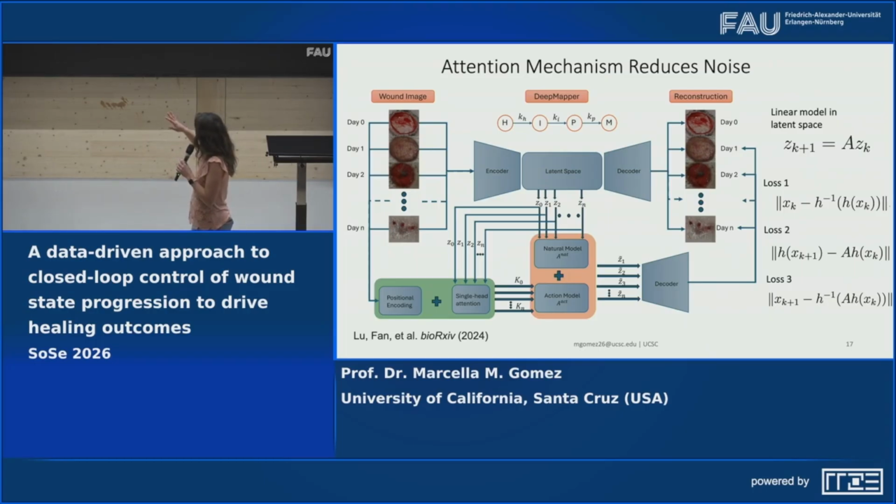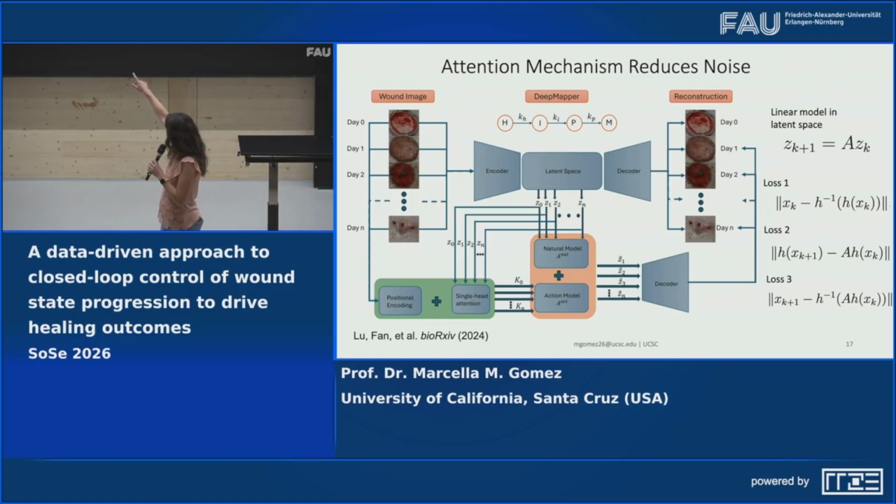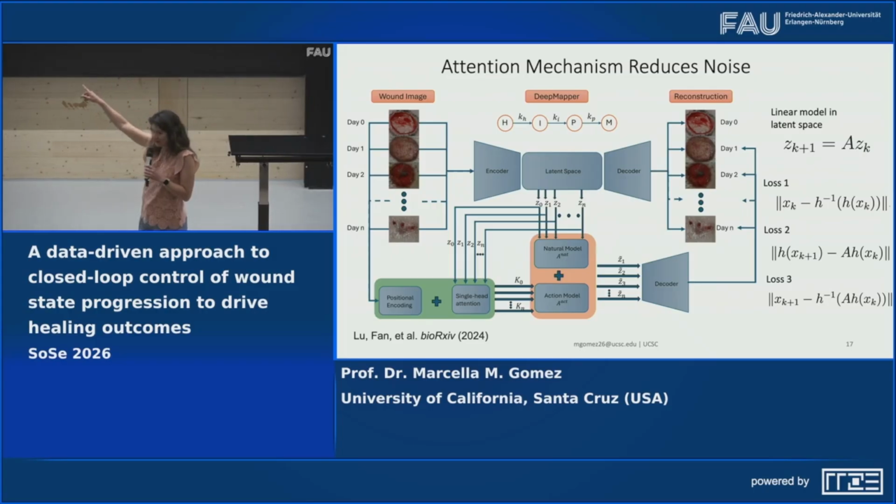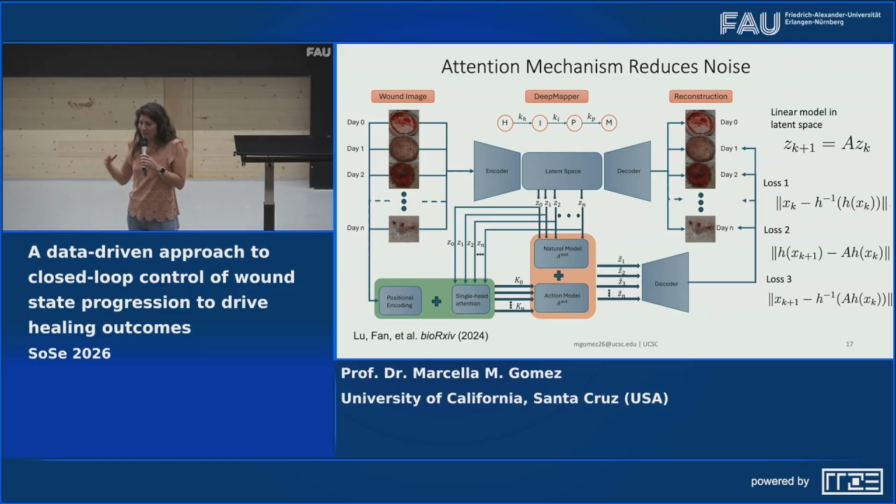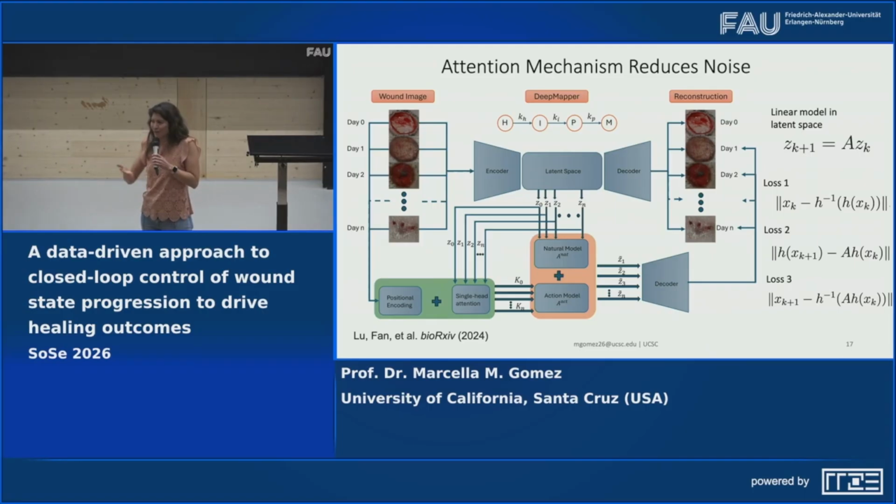But in this case, having the A actual updated by the attention mechanism helped to smooth out the output of our system, because every time we get a data point, we update the parameters through this A actual. So it's almost like a correction factor, because our input is quite noisy. Images are not always perfect, sometimes they're a little blurry. So it helps smooth out a lot of the noise in our system.